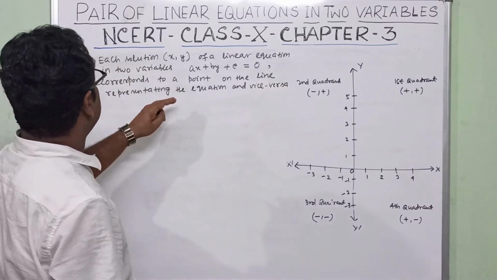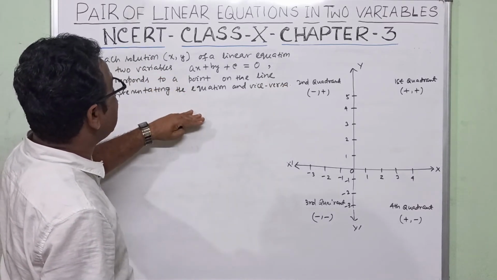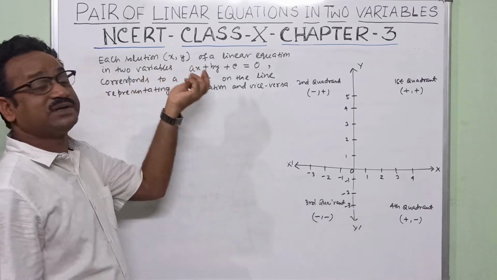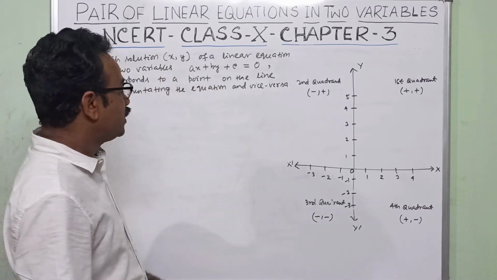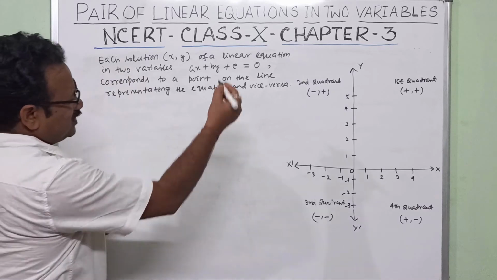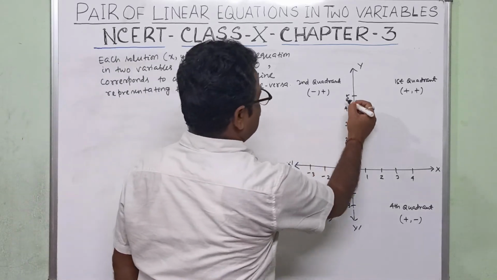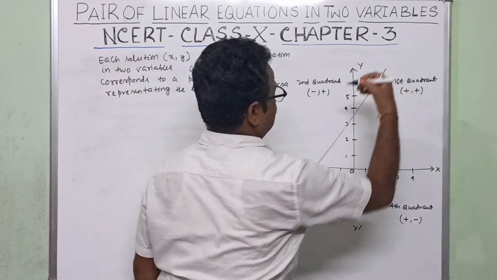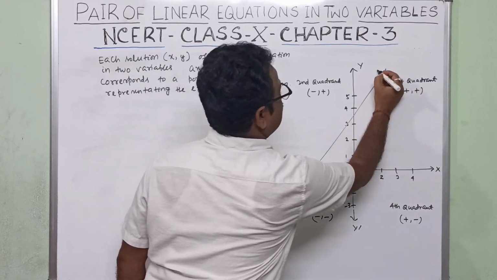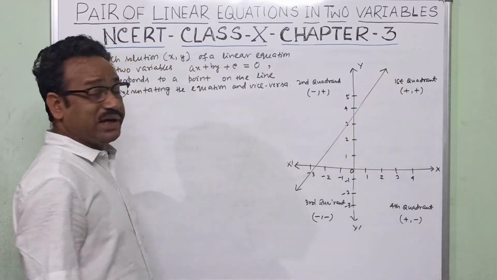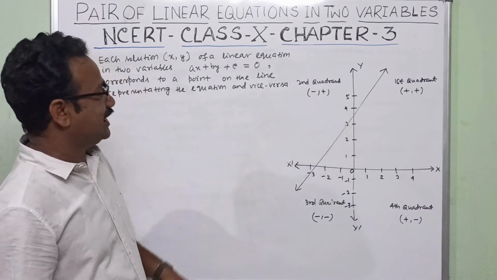Means the point will represent the line and the line will represent the point also. Suppose this is a line, a linear equation in two variables.